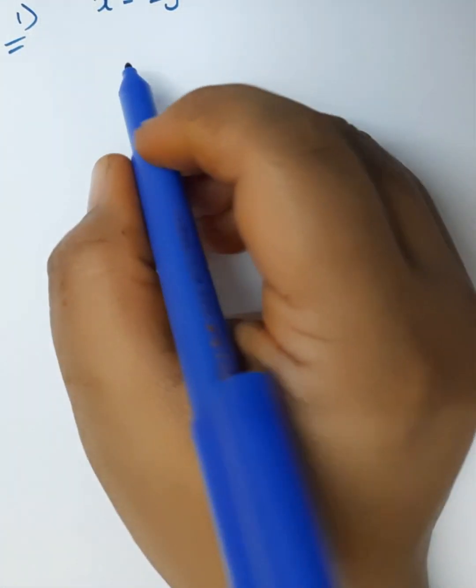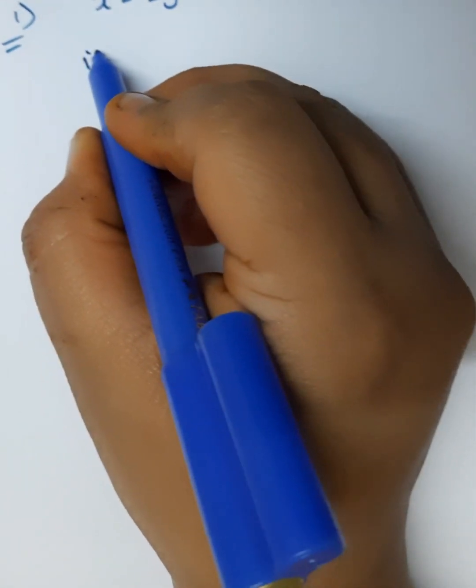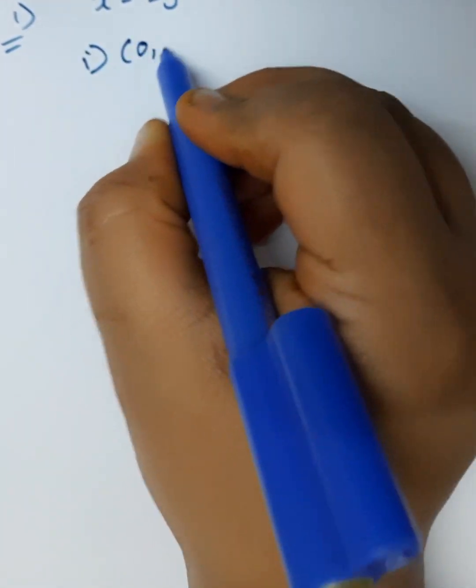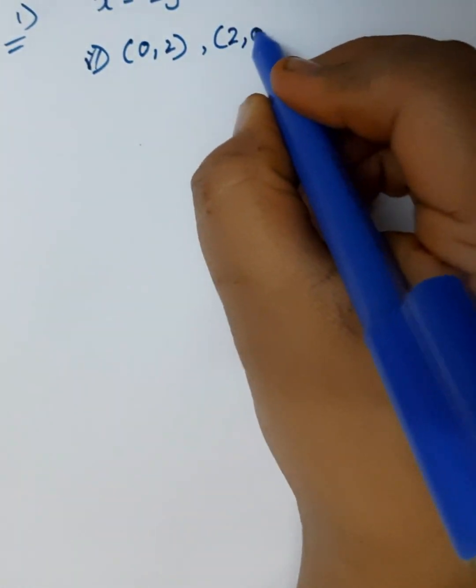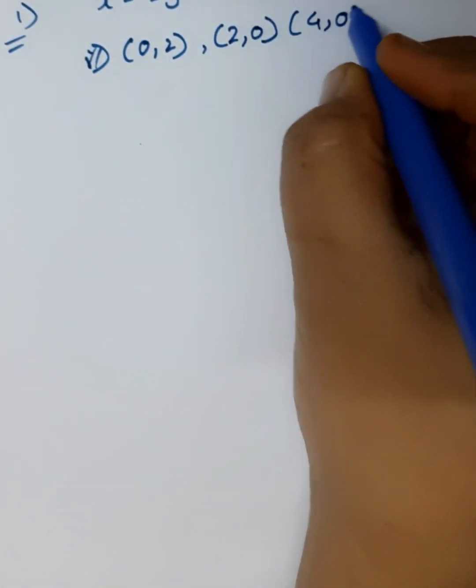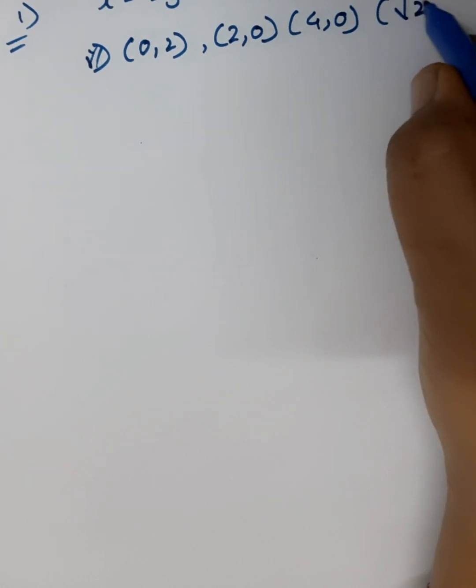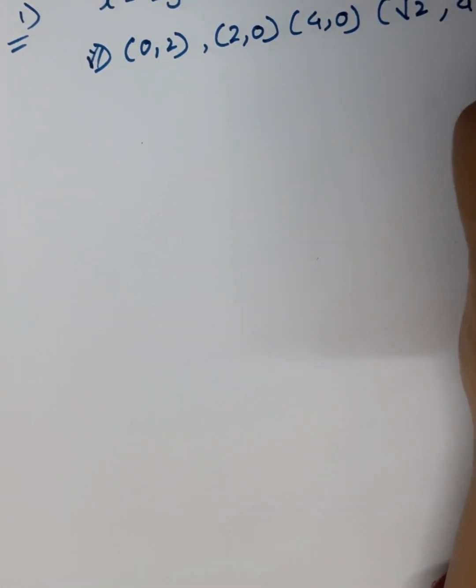What is the solution? When we put the values, we will get coordinates. Here we have the points (0, 2), (2, 0), (4, 0), (root 2, 4 root 2) and (1, 1).